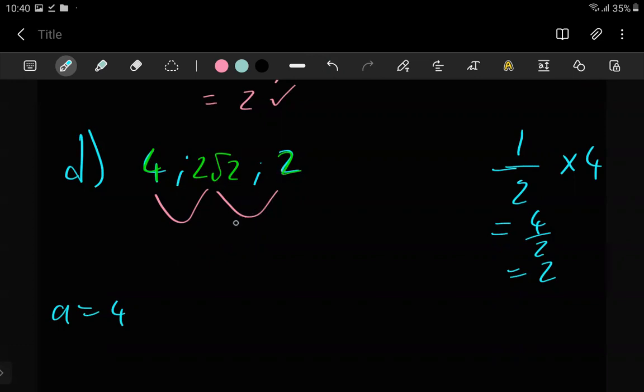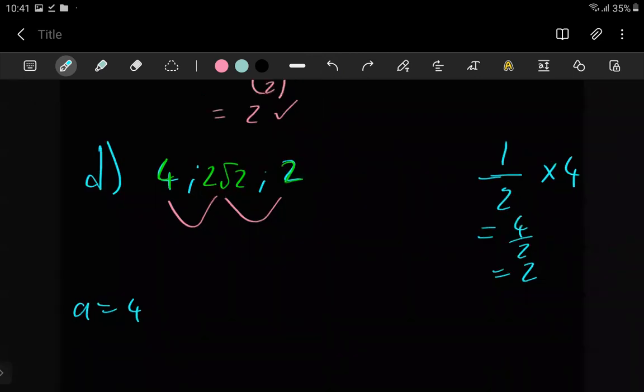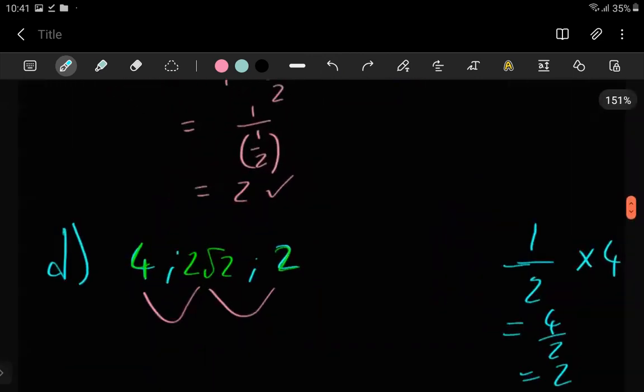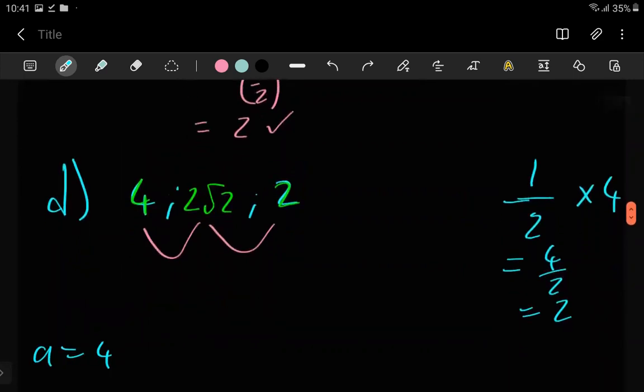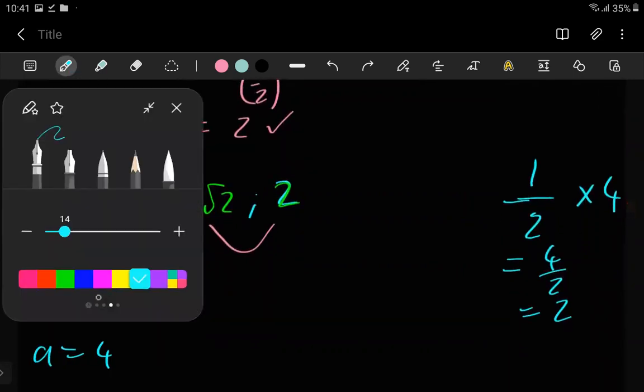You mean 1 over square root of 2? Is it? Wait, what is it? Because R is this divided by this, right? Let me try it in fraction form.